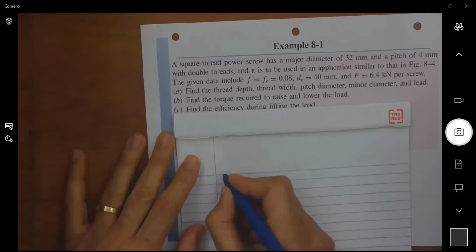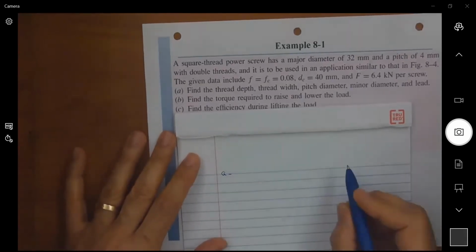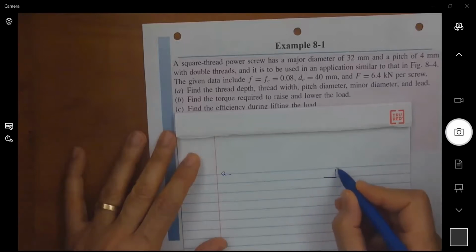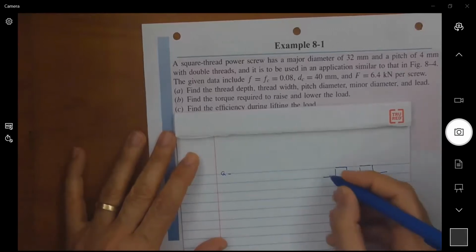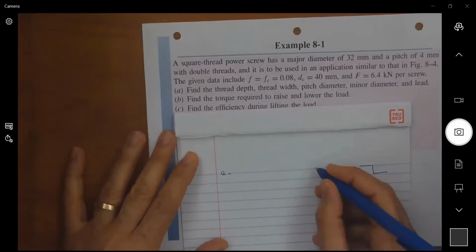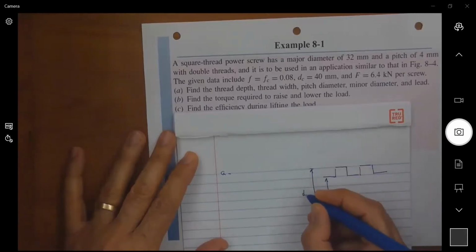So for part A, we are looking at a square thread. This is my minor diameter, dr. This would be my major diameter, d.